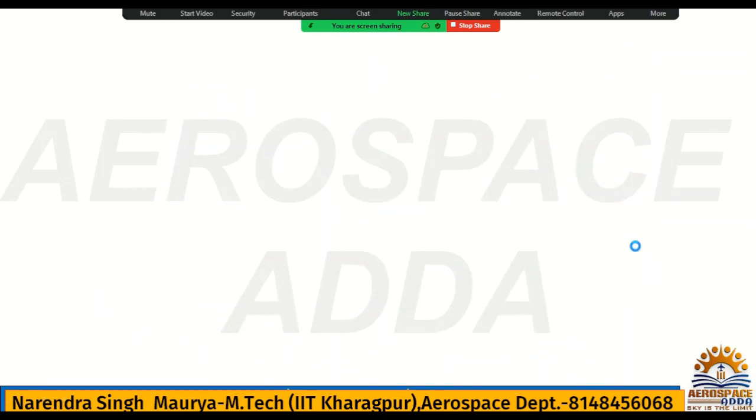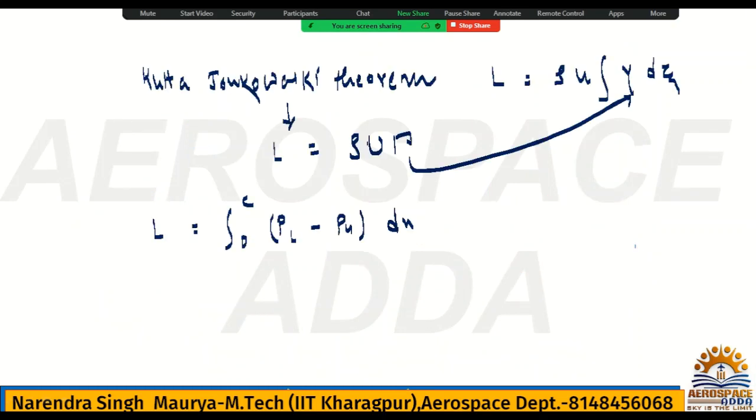Both you can equate, then what you may get? You may get PL minus PU, and because it is along the xi axis, 0 to C, PL minus PU into d xi.